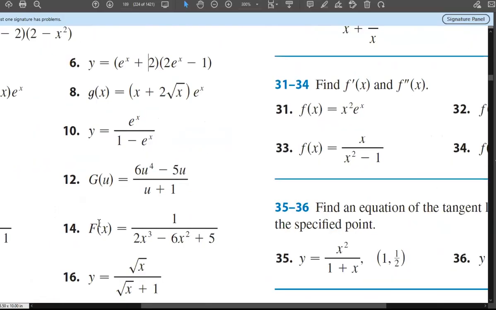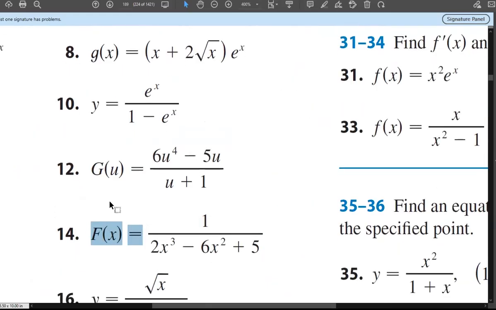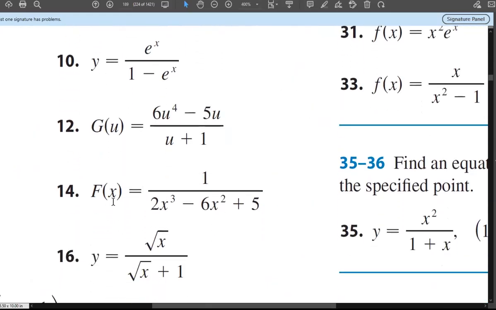For this part, it's for the f of like the 14. How would you attempt it? By doing the quotient rule? Yeah, you can do the quotient rule, but that would be a lengthy solution. Is there any shorter solution?